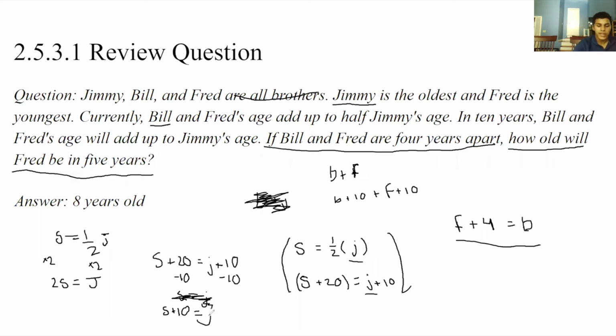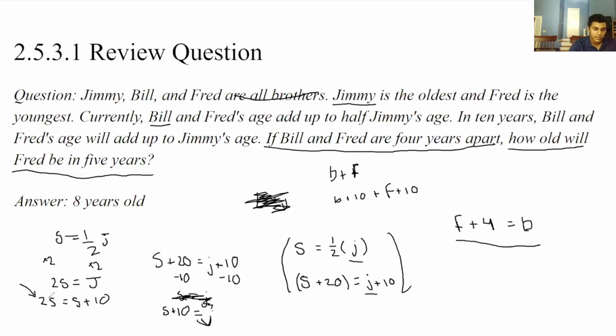All right, so now that I have my two equations, I can actually solve for the value of S, right? So let's see, 2S equals J, and J equals S plus 10. So therefore, 2S equals S plus 10. And now if I solve for S on its own, I'll choose this side since it's already isolated.